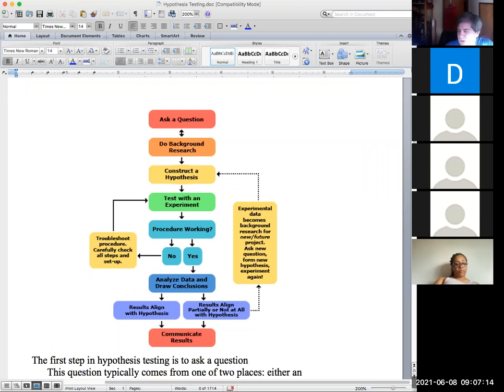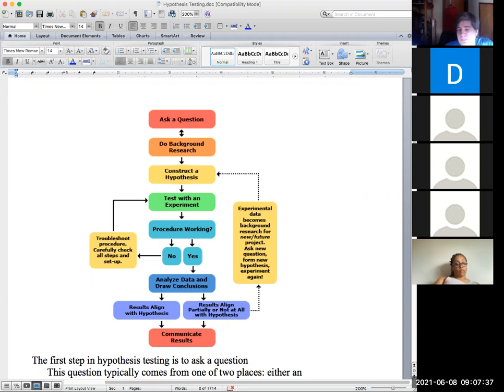An apple falls, clunks him on the head, and he wonders why the apple fell instead of going upwards or shooting out sideways. So the first thing we have to do is ask a question, or you could think of it as encounter some sort of problem that you need to solve.